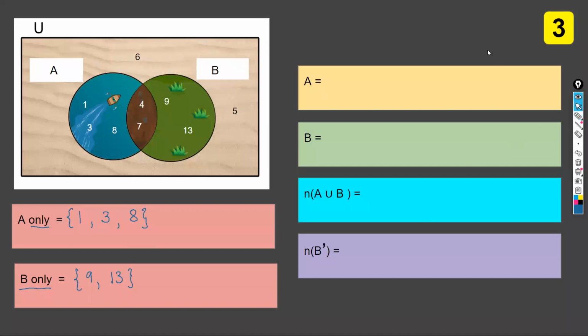Now, in the yellow ones, up here, they did not put the letter N, and they use the word A. They just say A. They didn't say A only or A alone. So in a case like that, they're talking about the whole A circle.